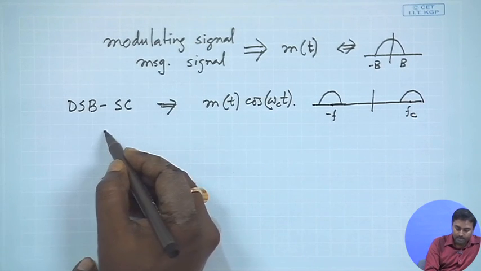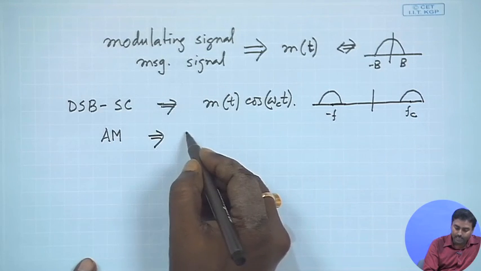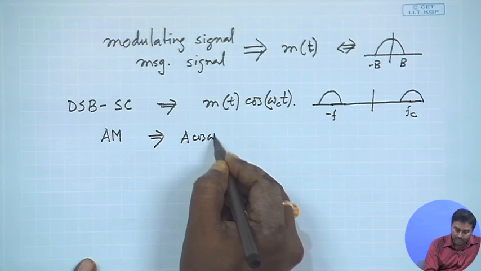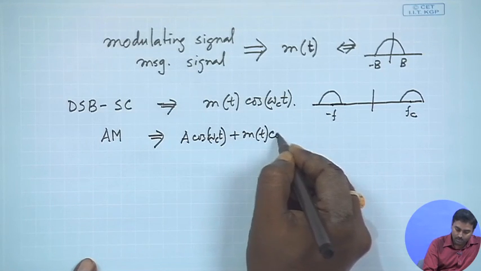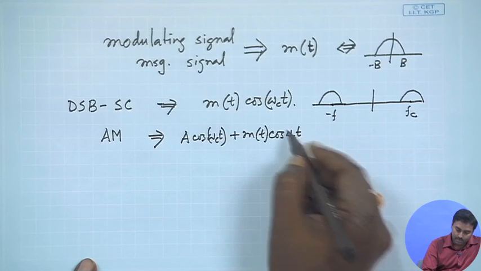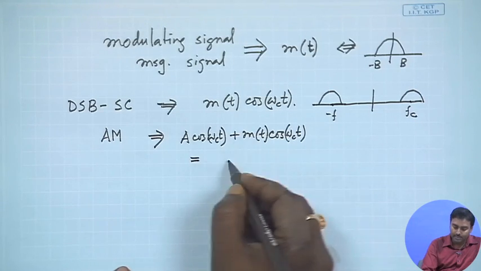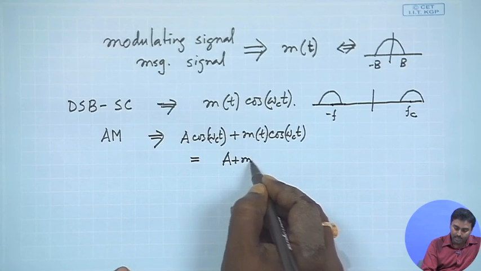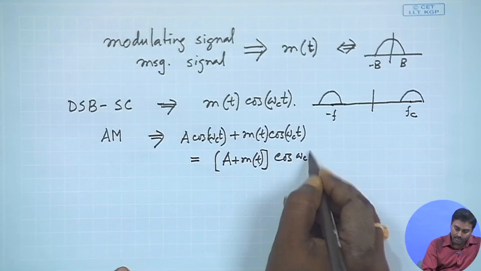If I talk about another version, AM, then I add a carrier to it. So, it is A cos omega_c t plus m(t) cos omega_c t. So, we are just trying to summarize everything and show what we have achieved so far. So, it is nothing but (A plus m(t)) into cos omega_c t.